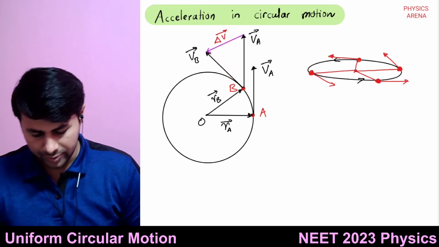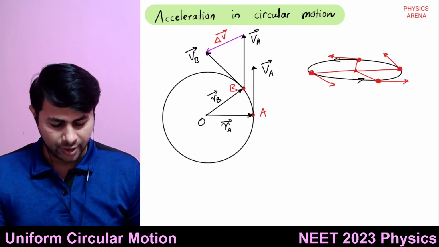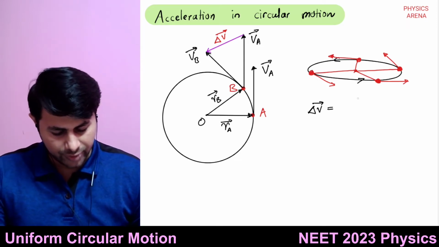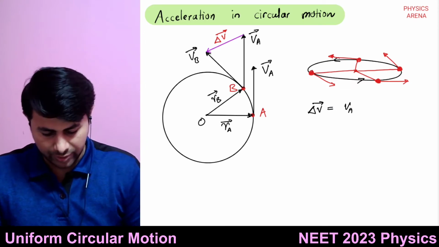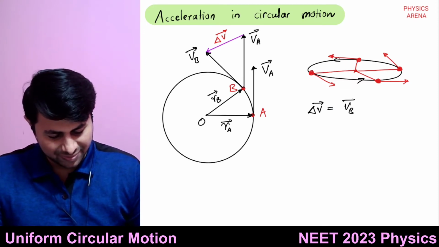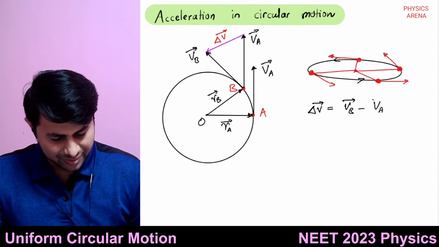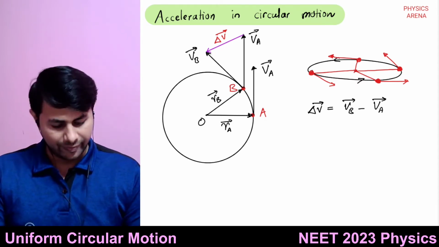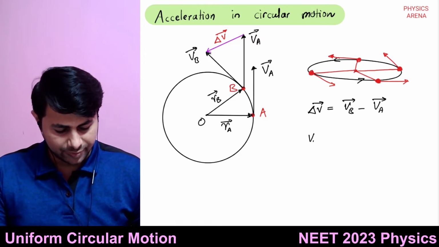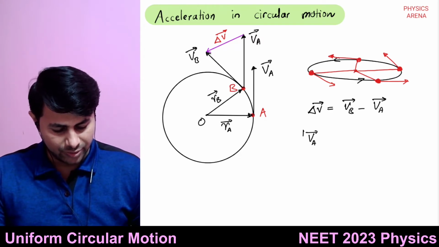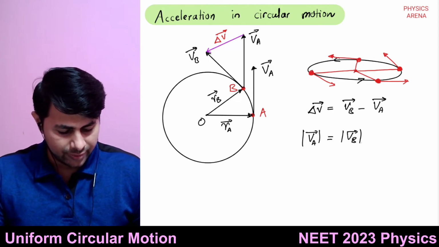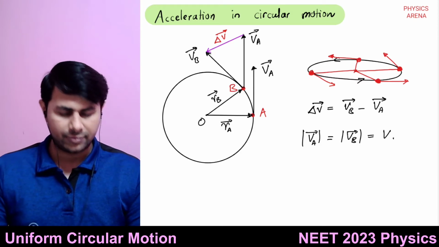So delta V bar is equal to VB bar minus VA bar. And let's suppose the magnitude of VA and the magnitude of VB are equal, and suppose it's equal to V.